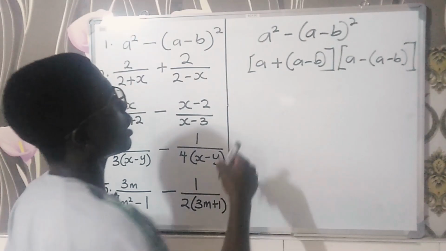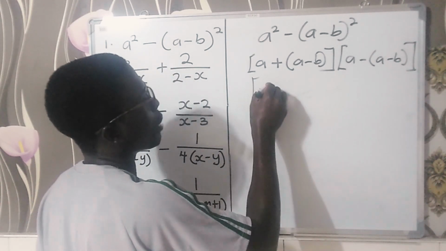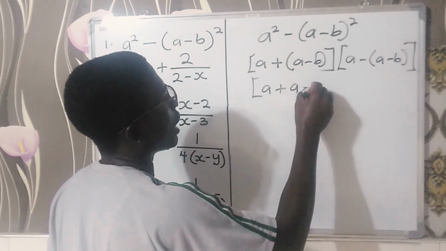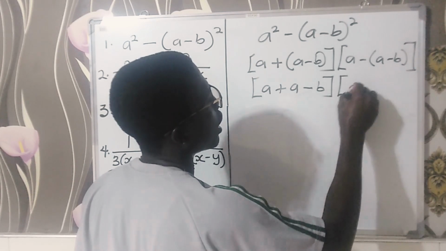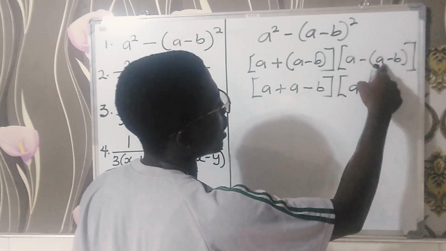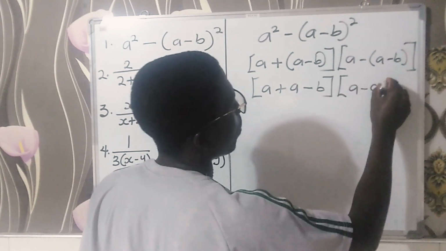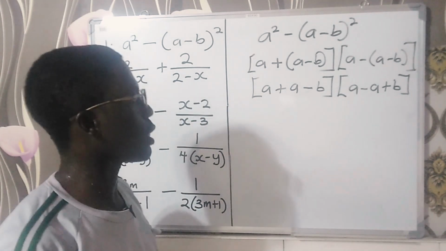And then we proceed by expanding the bracket inside the big bracket. So you have a plus a. This time this will be minus b. Then we have a minus 1 times a will be minus a, and minus 1 times minus will be plus b. And then we close the brackets this way.